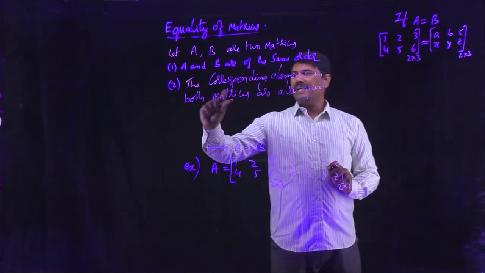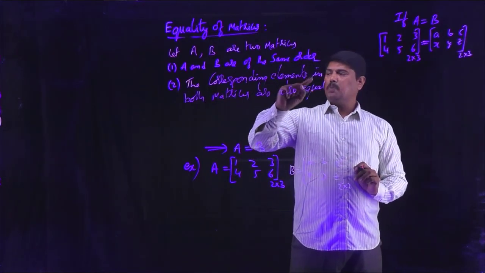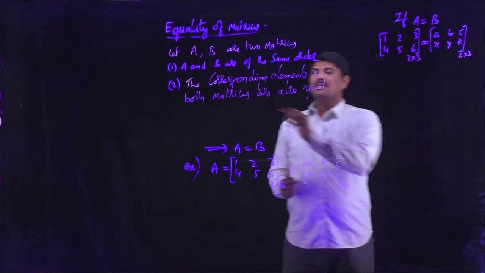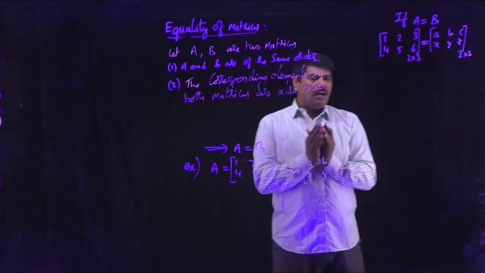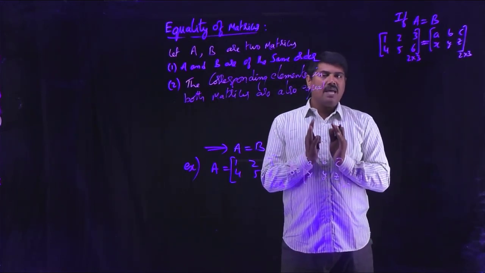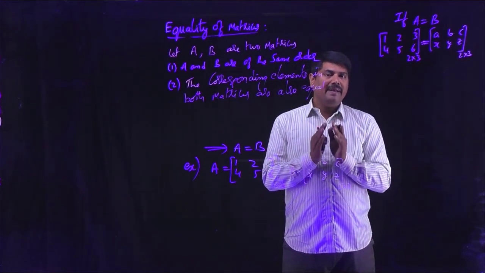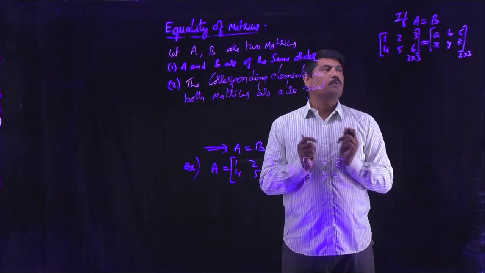Then what is the second condition here? The corresponding elements of both matrices have to be equal. What is the meaning of corresponding elements? Elements in the same position are said to be corresponding elements.